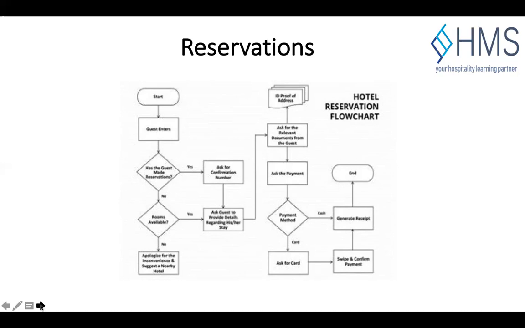If it's an Indian guest, then an Aadhaar card or driver's license would be sufficient. If it's an international guest, then a passport with a relevant visa is again important. At the same time, ask for relevant documents from the guest. And again, providing a COVID declaration form is also important.